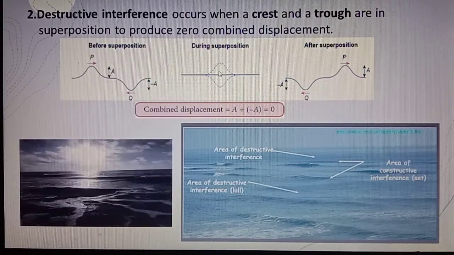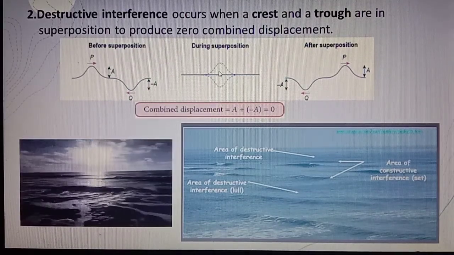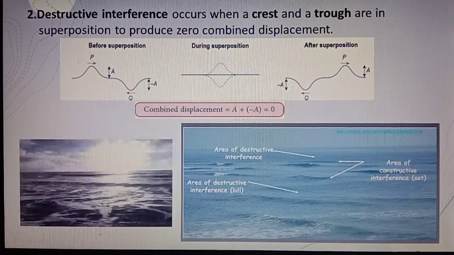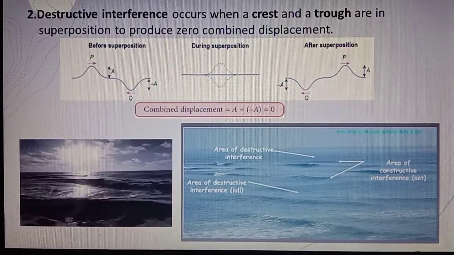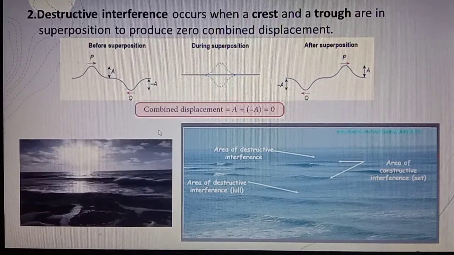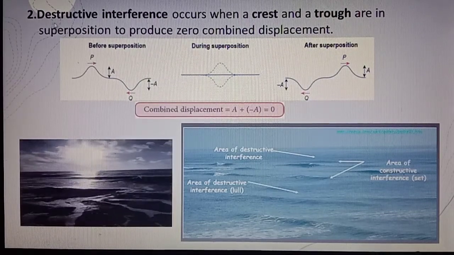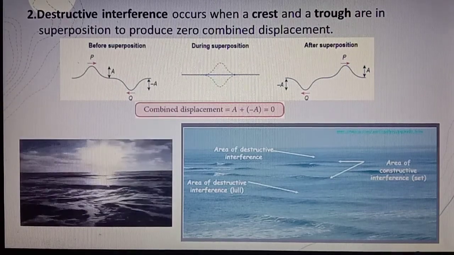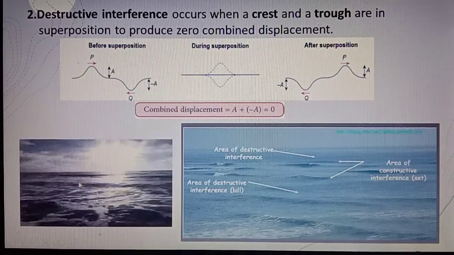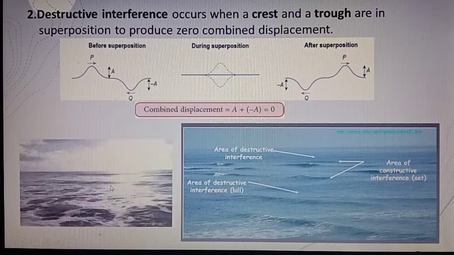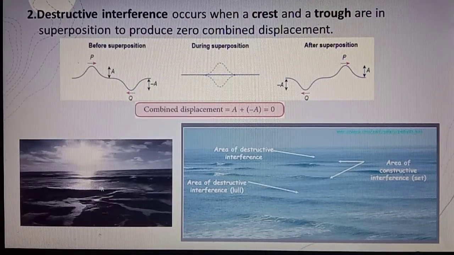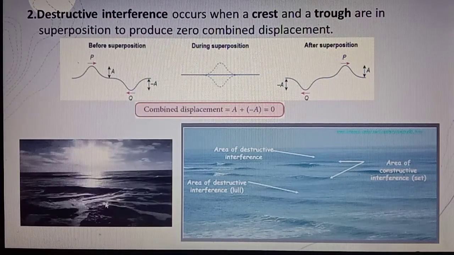In this case, we get 0 displacement for the resultant wave, or minimum displacement. This we call destructive interference. You can see at the surface of water, at certain points the amplitude of the wave is higher, and at certain points there's a calm surface of water.